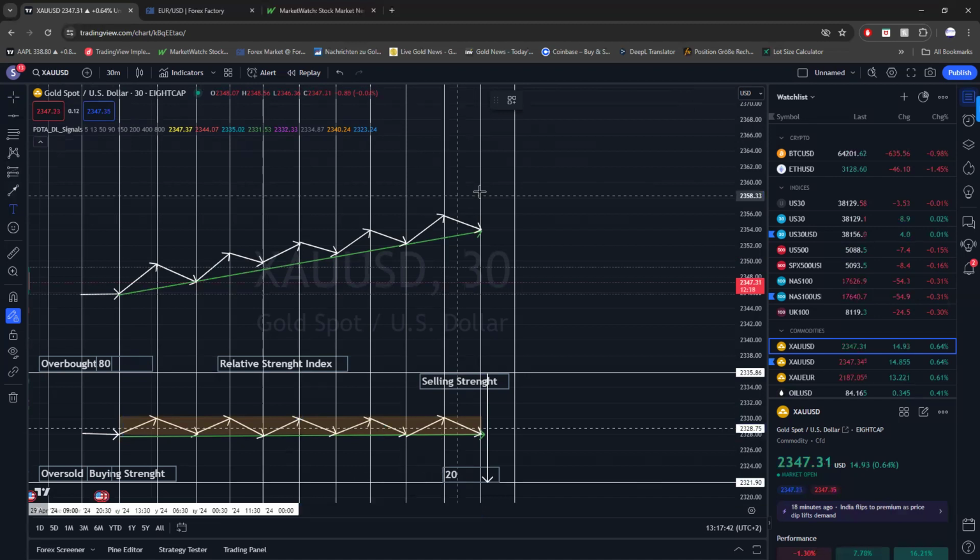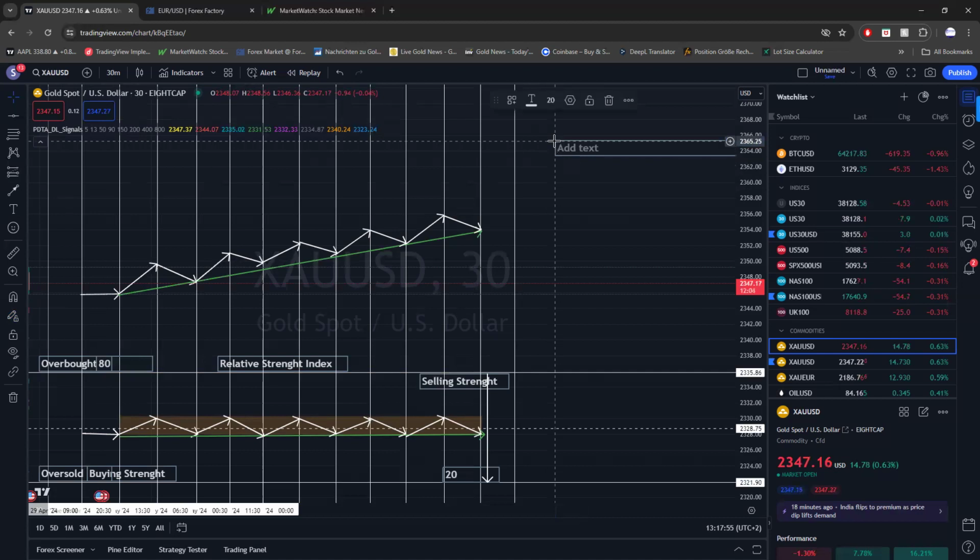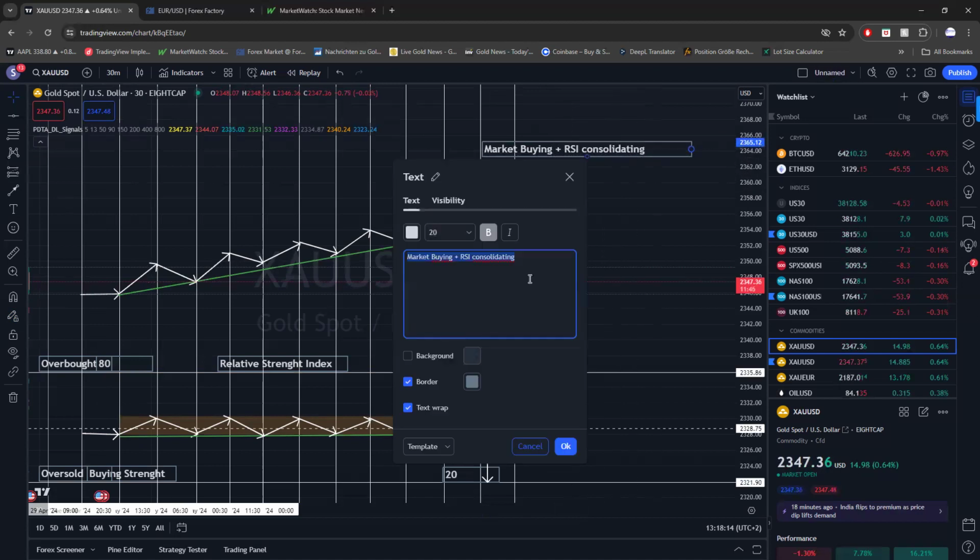That is the first law. This is the first scenario we call. That is one: market buy plus RSI consolidating equals buy.